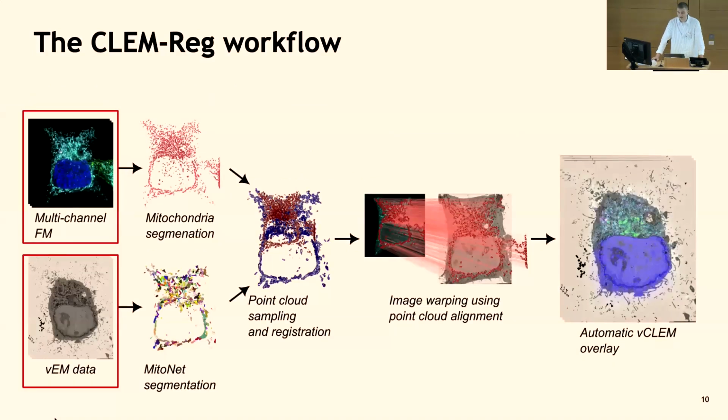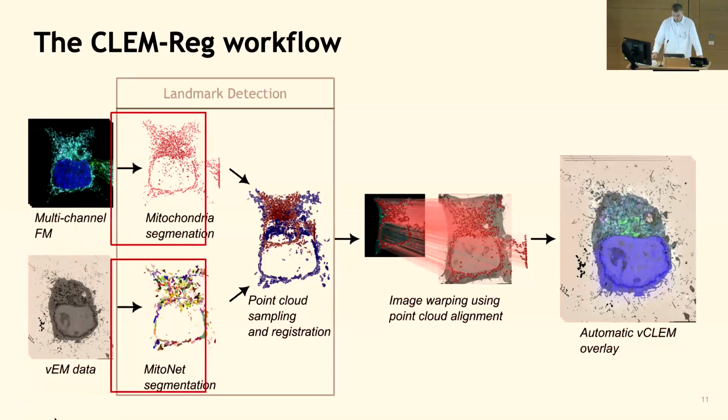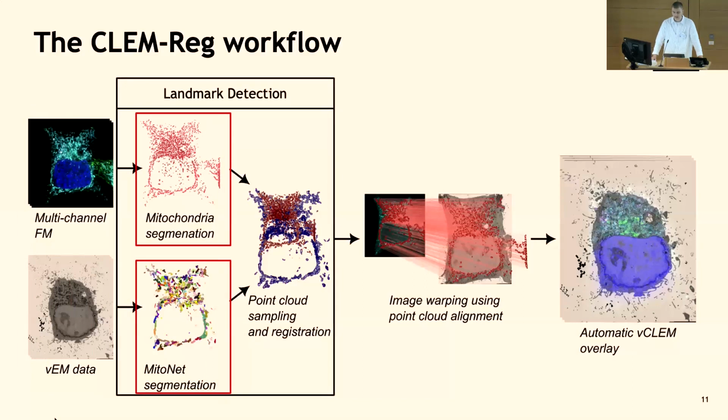So as input into this workflow, we have our multiplex fluorescence microscopy channel and the volume electron microscopy data. And the first step is to automatically detect landmarks in both modalities. And due to mitochondria generally being well distributed and abundant in normal healthy cells, by segmenting them, in both modalities, we can create masks, and from these masks we can create landmarks.